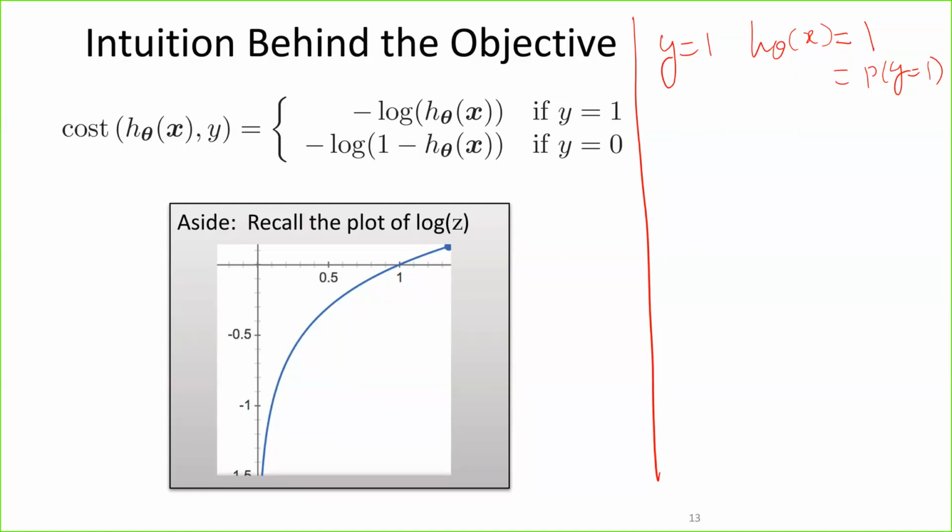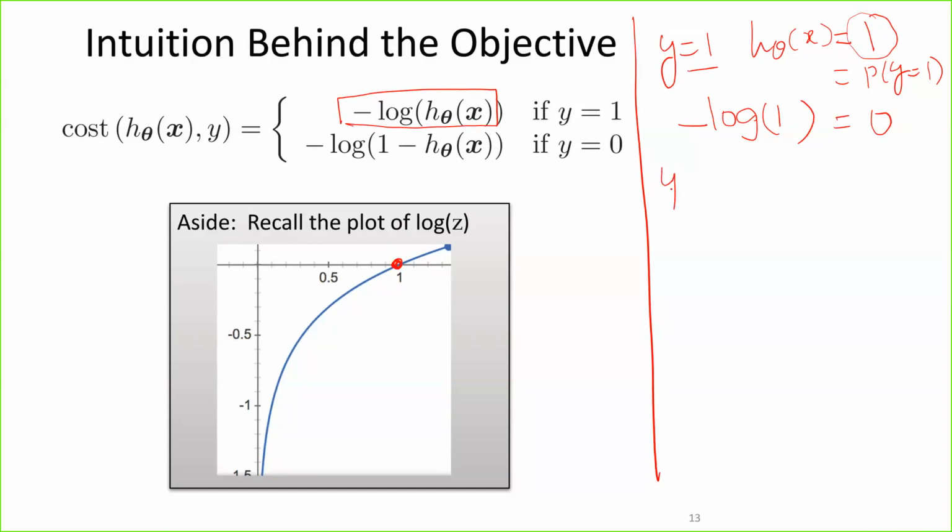How much penalty should we add in this case? 0. How much penalty is this cost function adding when y equals 1? Minus log h theta of x. And what is the h theta of x value? 1. It means it is adding a penalty of minus log 1, and log 1 is 0. So it is adding a penalty of 0.